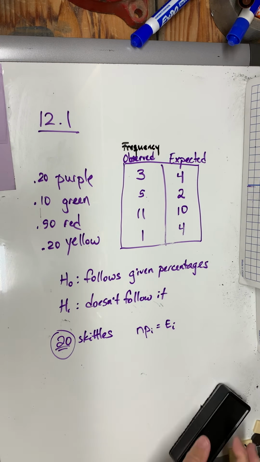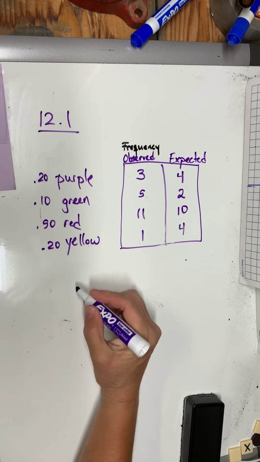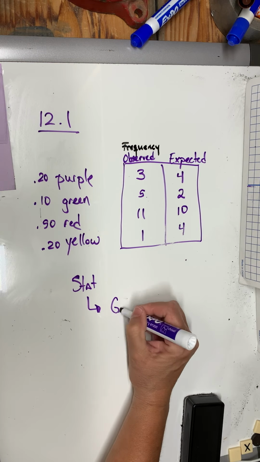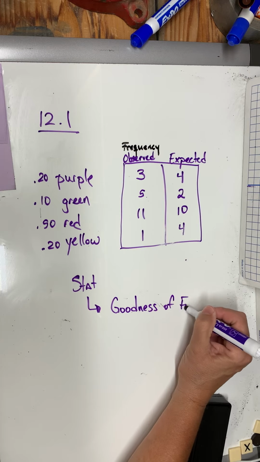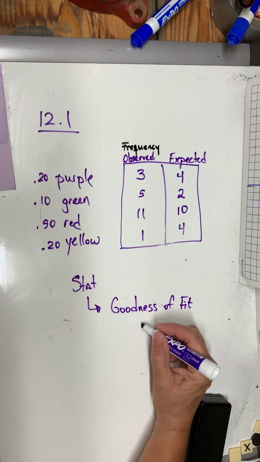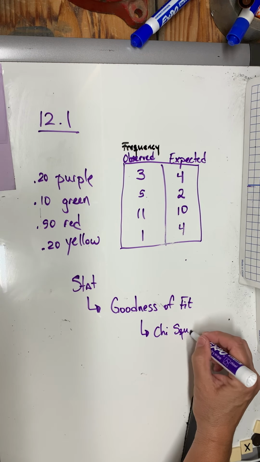So what do you do in StatCrunch? Let me just erase this for a second. You're going to go to Stat, Goodness of Fit is what this is called. So it's how well it fits the distribution. And then from there, you're going to go chi-square test.